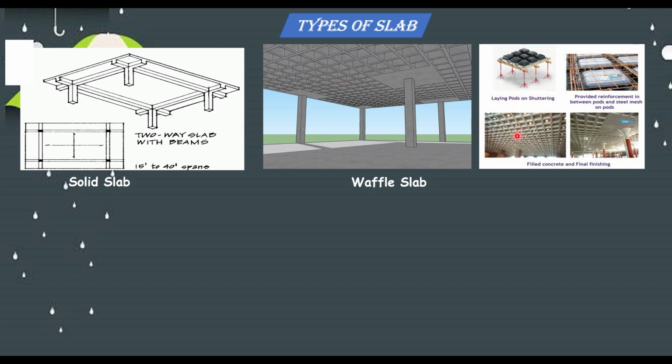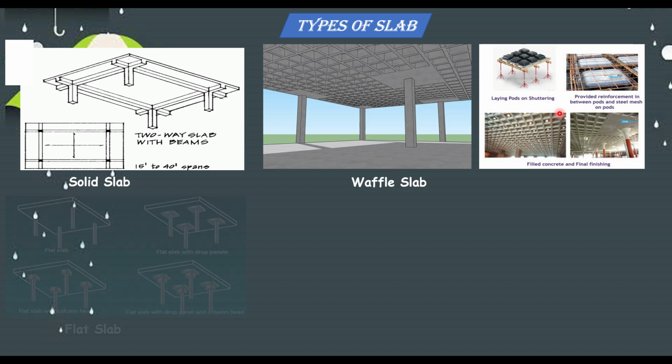The waffle slab can be formed with different kinds of materials to form the waffle. Sometimes you can have pots, and in other cases we can make use of normal bricks to create the waffle and also to leave the void in the area. So you can have waffle with void and waffle without void.